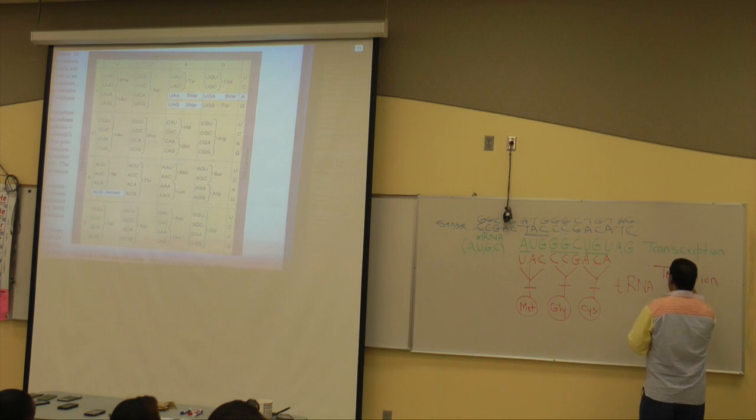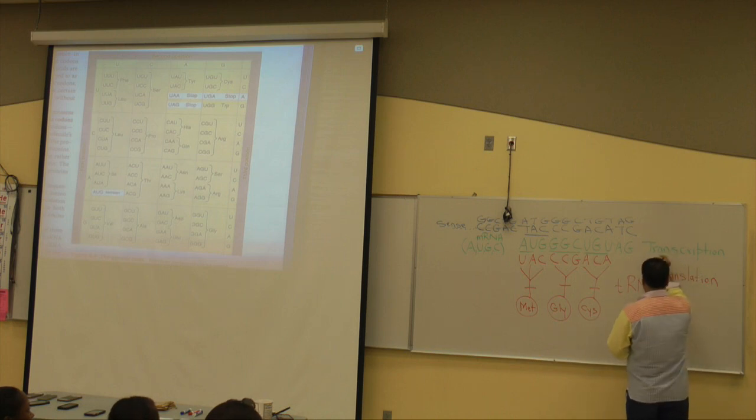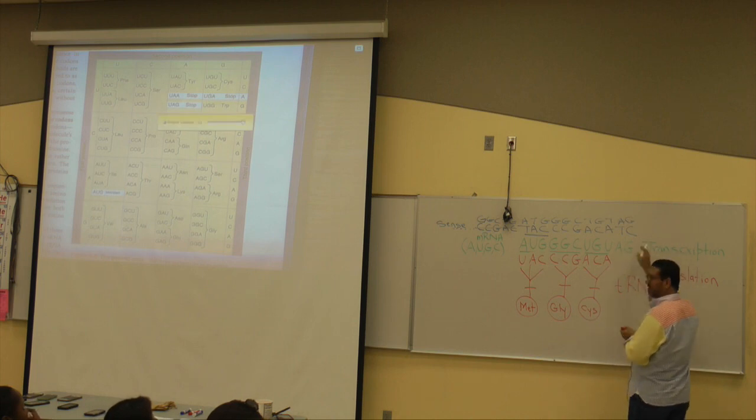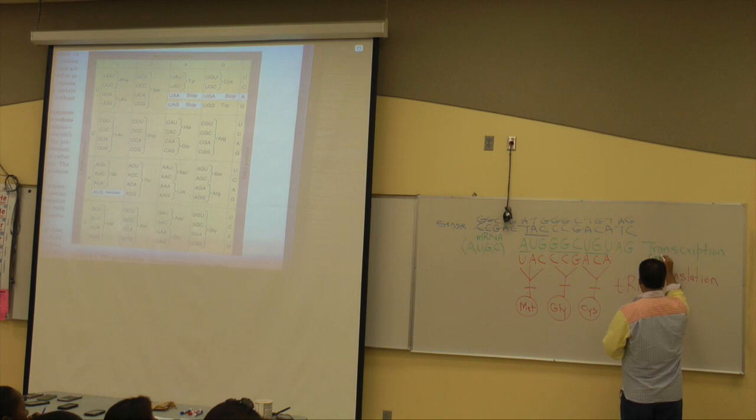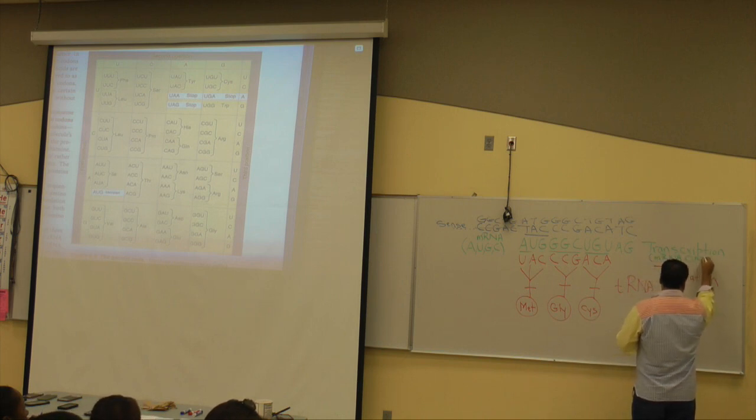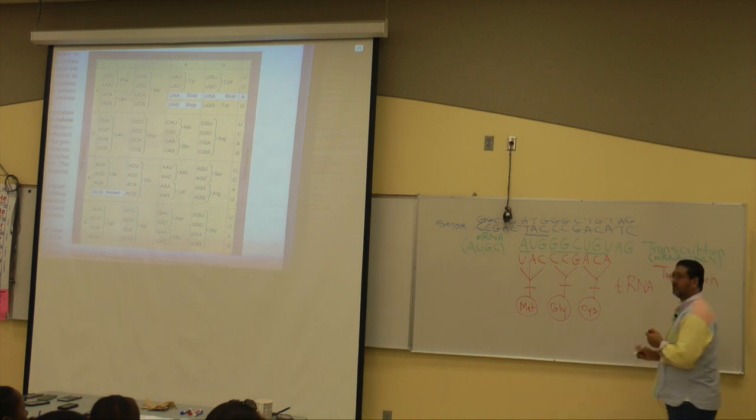So, in transcription, what type of RNA are involved? mRNA. In transcription, how many types of RNAs are involved? mRNA only.